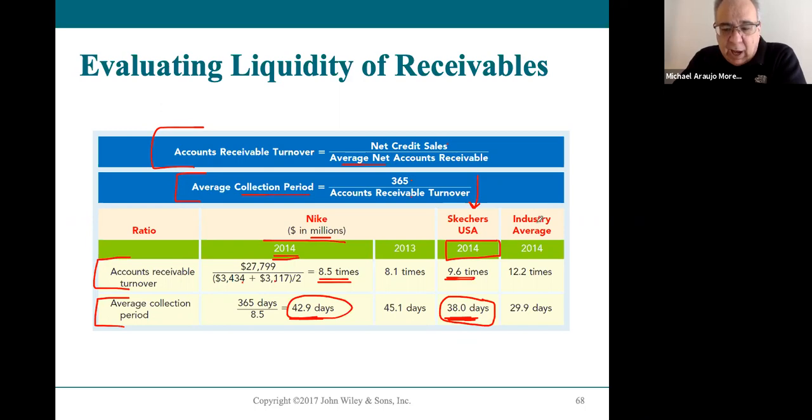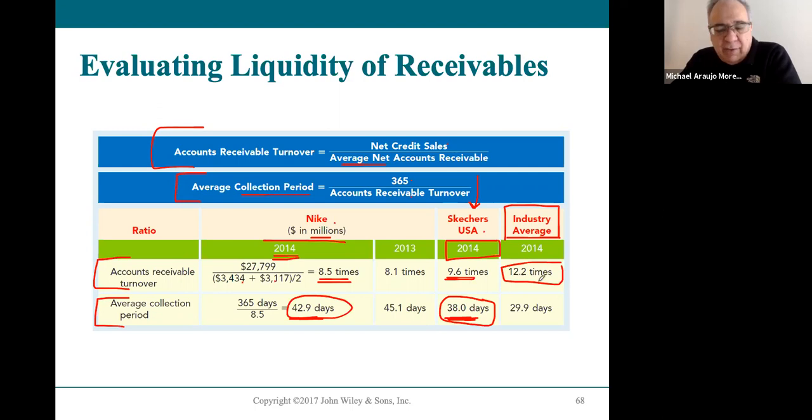And the industry here, in this case, all of these athletic wear companies like Nike and Skechers, right? Their accounts receivable turnover is basically where it should be, 12 times a year, 12.2 times a year. That's exactly where it's supposed to be.